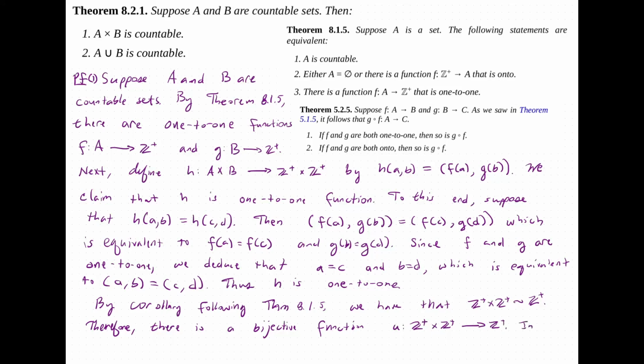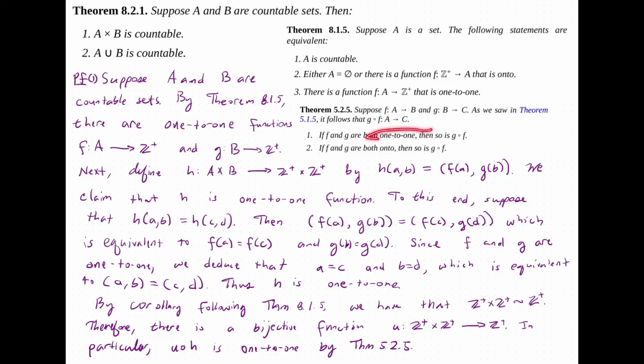In particular, we have the composition of u with h. So u composed with h is 1 to 1 by theorem 5-to-5. Here we're using the fact that because u is a bijection, it is 1 to 1, and we've already proven that h is a 1 to 1 function.